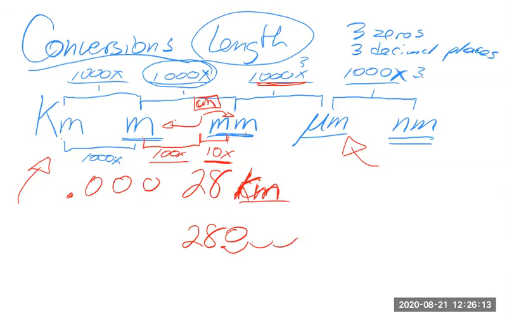So you go 1, 2, 3, put your decimal there, add your zeros back there, and get rid of the stuff you don't need. All right, and so what's your new value? Your new value is 280,000 micrometers. And again, every number that we converted, 28 centimeters, 0.00028 kilometers, 280,000 micrometers, all three of those numbers are the same exact number, but expressed in a different unit.